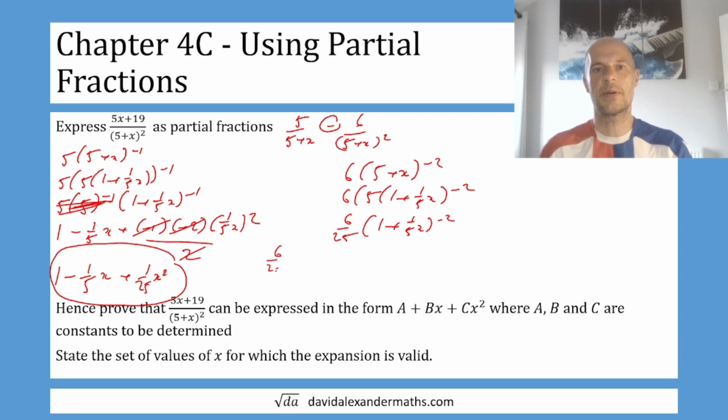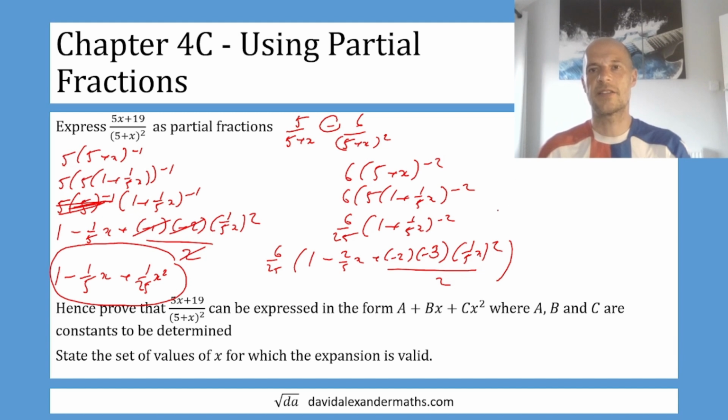So that is 6 over 25 times 1 minus 2/5 x plus (negative 2)(negative 3)(1/5 x) all squared over 2. So that is 6 over 25, 1 minus 2/5 x.